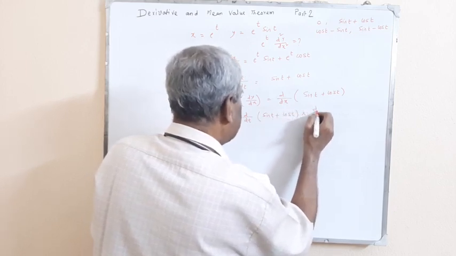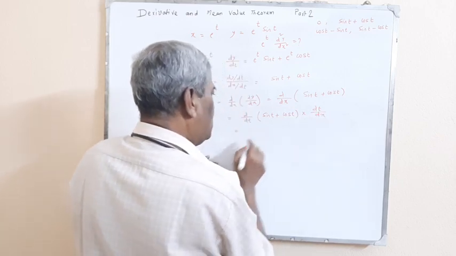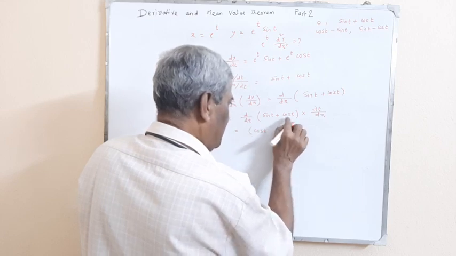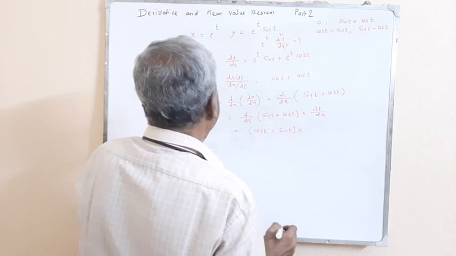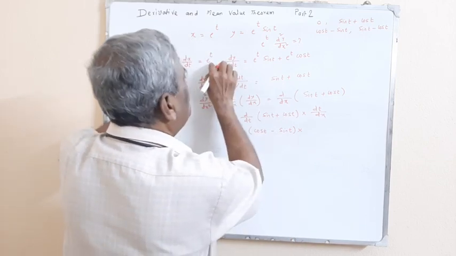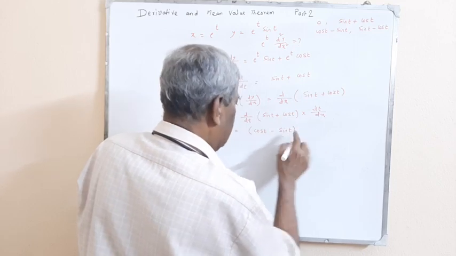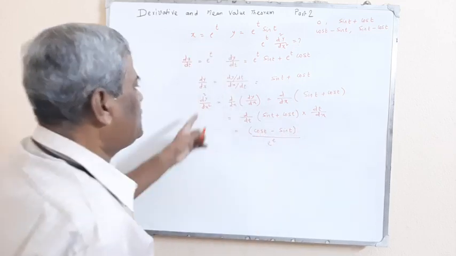into, now adjust, dt dx. It is equal to cos t minus sin t into dt dx. dx dt is e to the power t, so dt dx is 1 by e to the power t. This is d2y dx2.